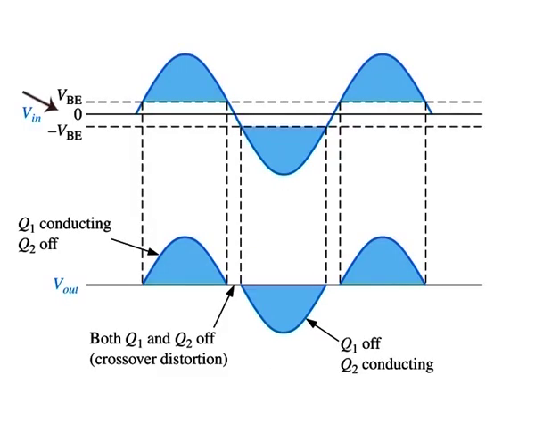When the DC base voltage is 0, both transistors are off and the input voltage must exceed VBE before a transistor conducts. Because of this, as shown in the waveform here, there is a time interval between the positive and negative alternations of the input when neither transistor is conducting. The resulting distortion in the output waveform is called crossover distortion.